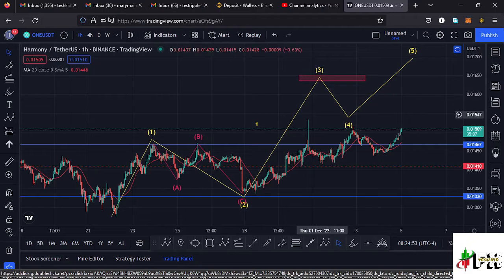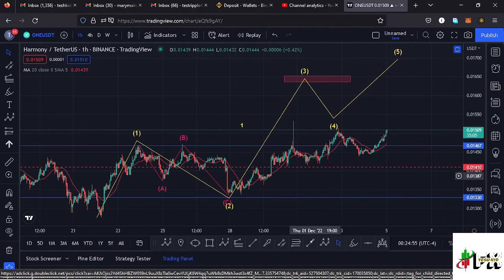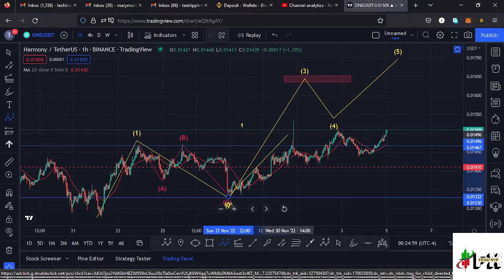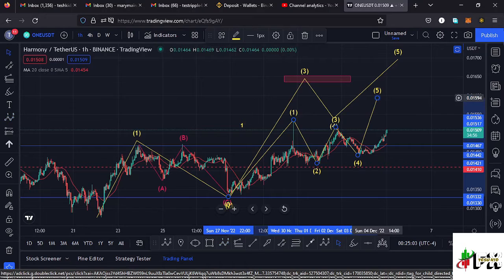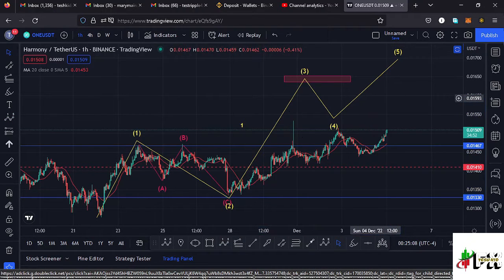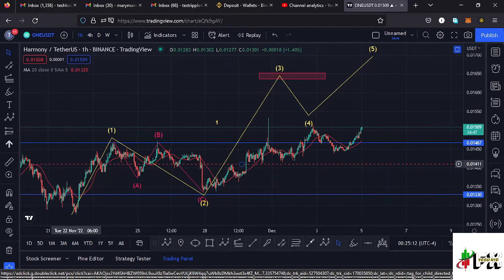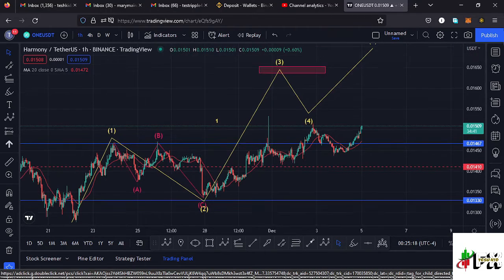Because a wave 3 to the upper side is an impulsive wave, we also expect to see fractal waves in formation within that wave 3 to the upper side. So I'll be expecting such a structure over here, so that the wave 5 can fully maximize the formation of that wave 3. For us to confirm that in the formation of this wave 3, we need to break above the wave 1 high, which is on this blue line that I have over here, which is an area that we have managed to break above.